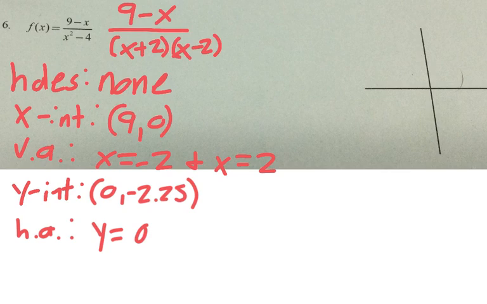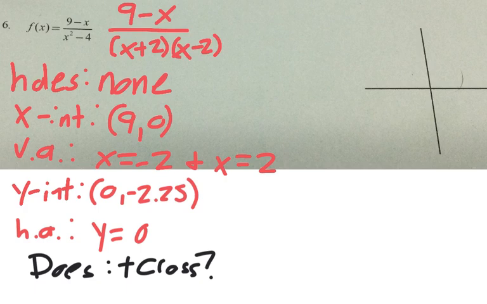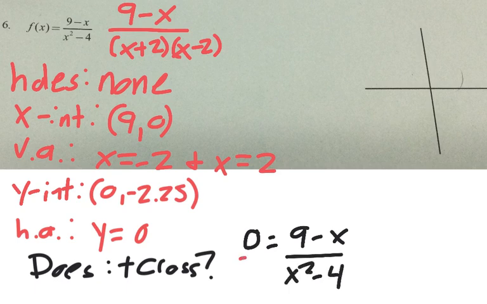And now I want to check, does it cross this horizontal asymptote? So I could say y equal to 0. So 0 equals (9 - x) over (x² - 4). And then we solve it. Put it over 1. Cross multiply. So this says 9 - x equals 0.